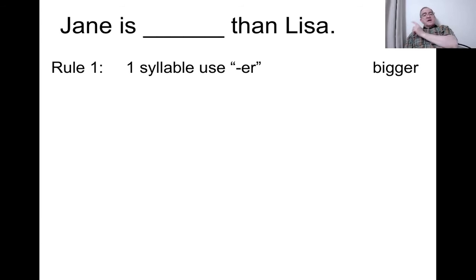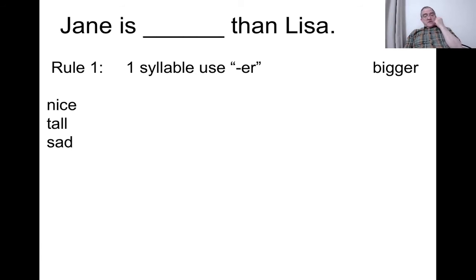Rule 1. If you have one syllable, you use just er. Now, one syllable means fun, big, nice. It just has one vowel sound. That's one syllable.